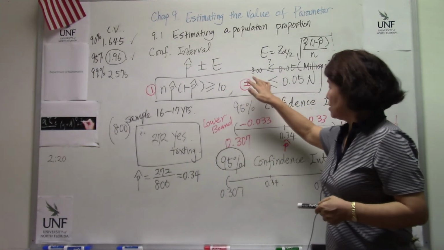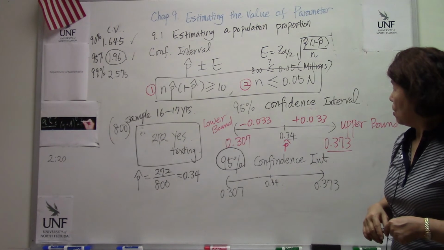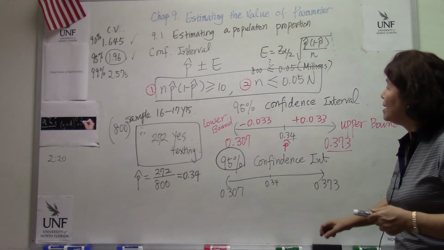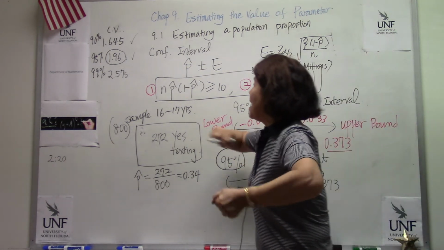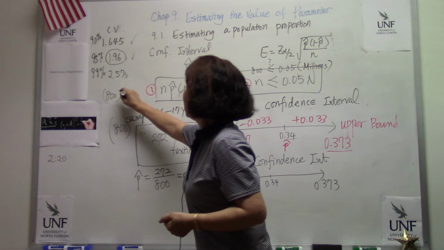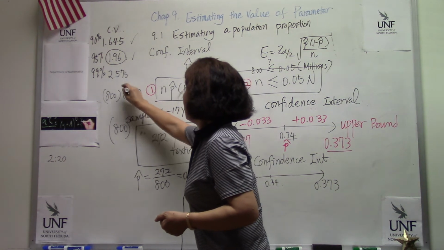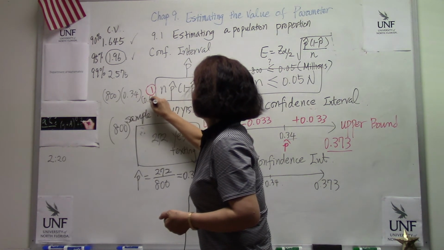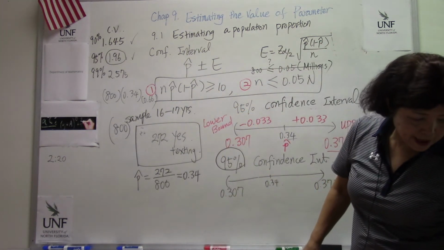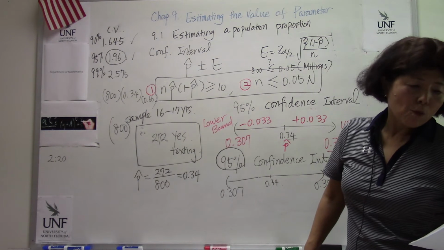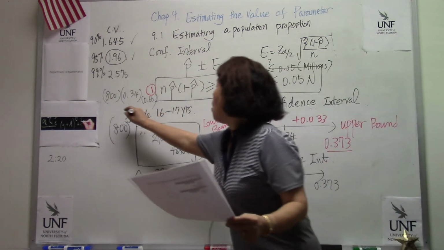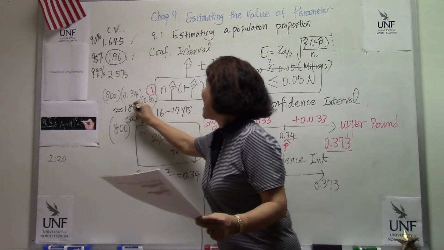So conditions 1 and 2. Oh, we didn't even verify number 1 yet. I'm very sorry about that. Here n is 800 and p hat is 0.34, times 0.66. You multiply that and you get 179.52, so almost 180.